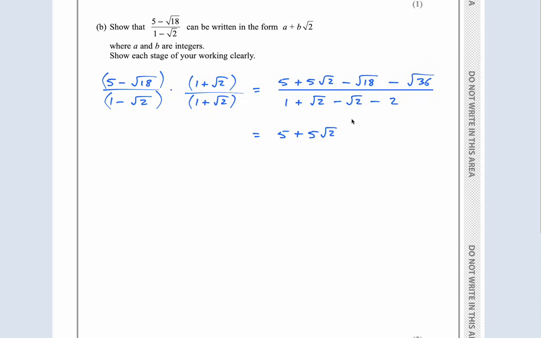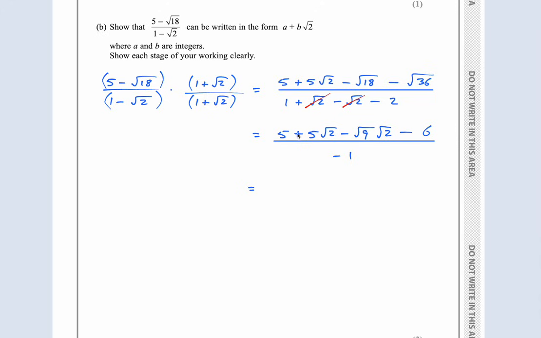Now guys, this is kind of why they gave us that part in part A, to help us with this. Root 18 I can write as minus root 9 times root 2, because 9 times 2 is 18, and root 36 is just 6. So I can do this all over. These two cancel here, plus root 2 minus root 2, and I'm left with 1 minus 2, which is minus 1.